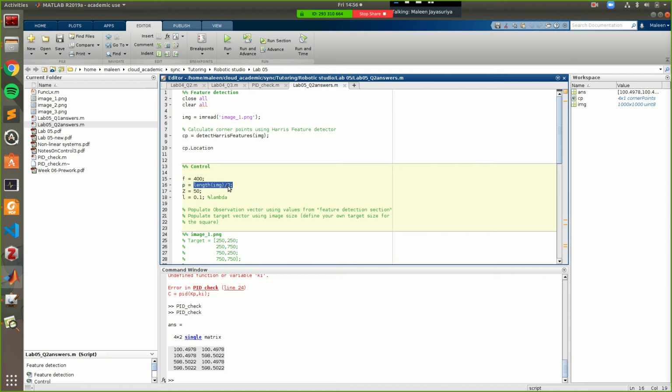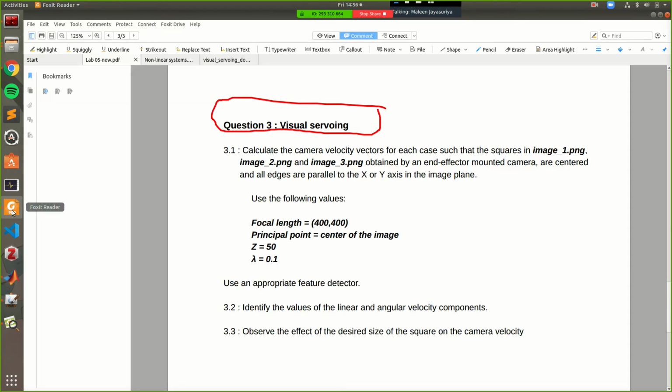And the distance from the gripper to the object, let's say is about 50, since you'll be dividing everything, the units don't really matter.